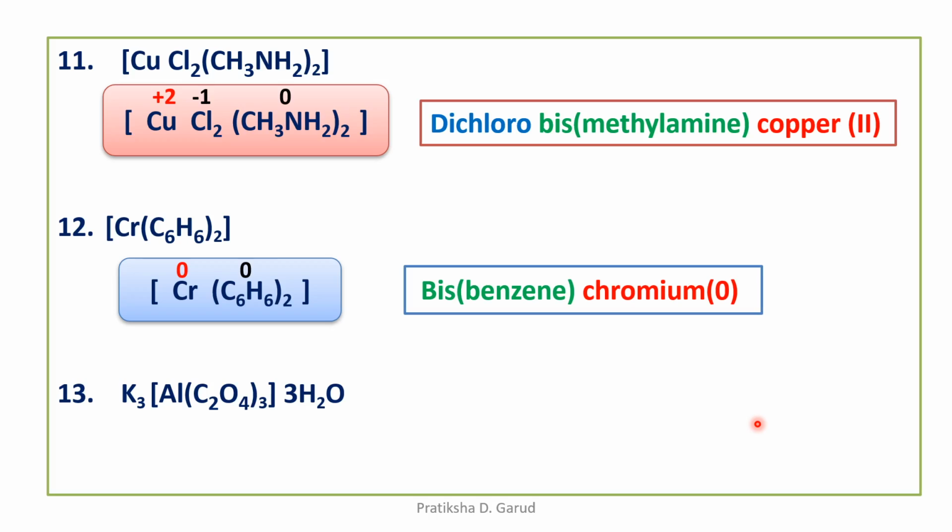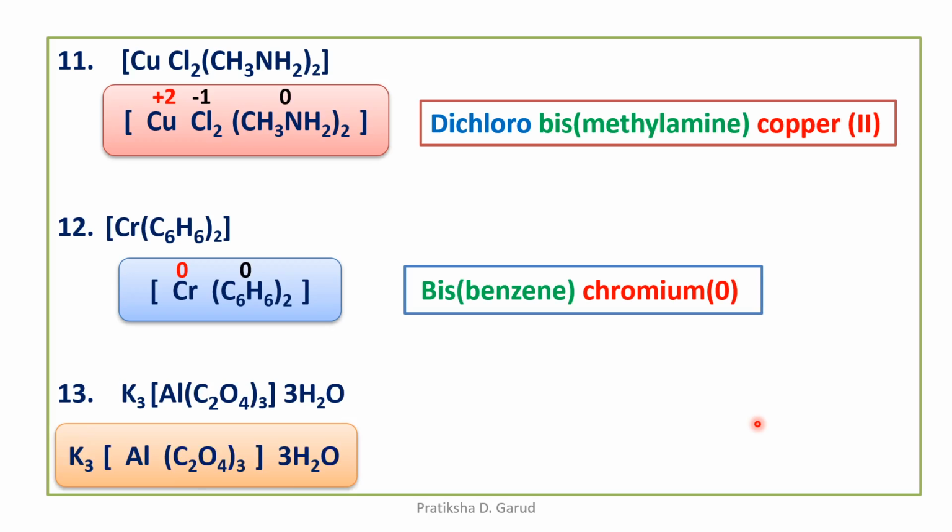Next one is the K3[Al(C2O4)3(H2O)]. Okay, so again it is an anionic complex, right? In this complex ion, this C2O4, that is oxalato, is having the -2 charge. Potassium is having the +1 charge. So after this we get the oxidation number of aluminium as +3. So what will be the name for this?